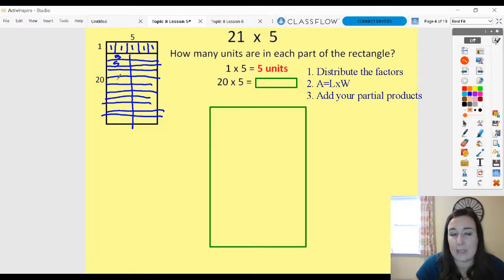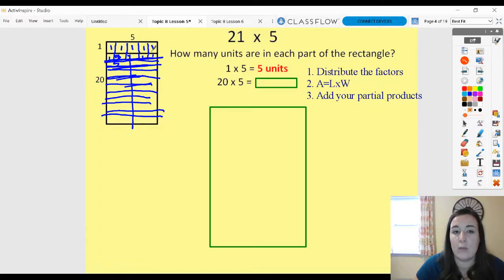So I would have to keep repeating that. Or I could think of one row of these equaling 5, like I did in this previous one. But I'd have to make 20 of those, and I just don't have the space to do that. So it's kind of a messier way, but essentially you're getting the same thing.